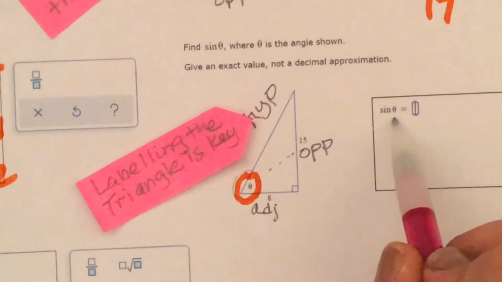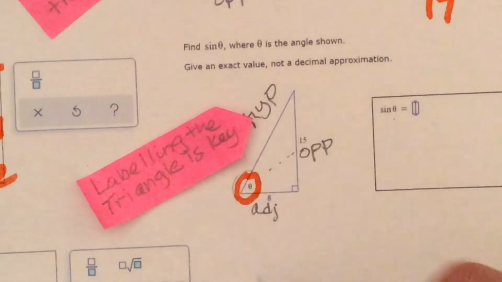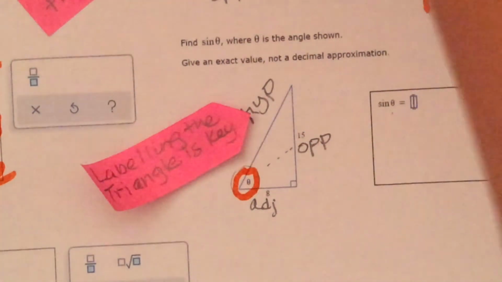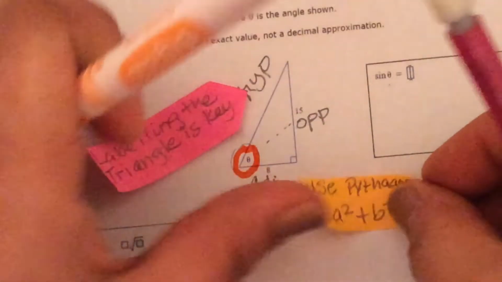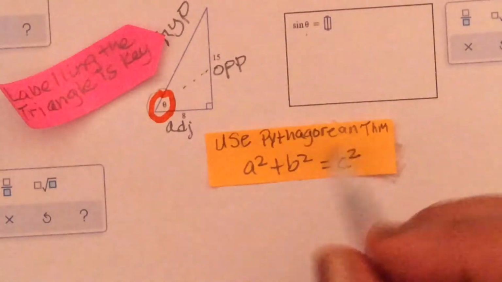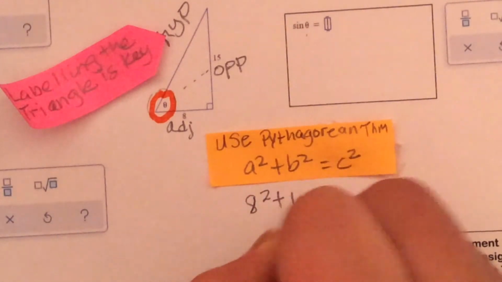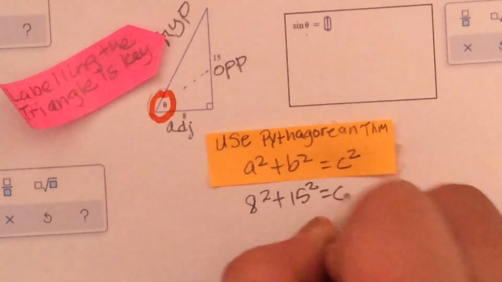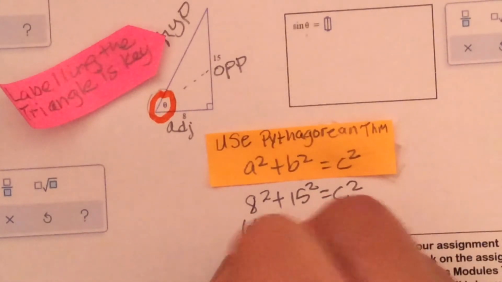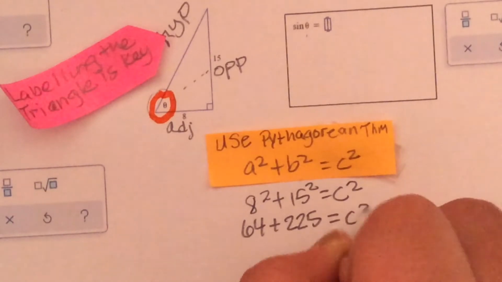But notice we want the sine, and the sine is the opposite over hypotenuse. And we don't know what the hypotenuse is. So then we have to use the Pythagorean theorem. So we're going to do 8 squared plus 15 squared is equal to c squared. So this is 64 plus 225 equals c squared.